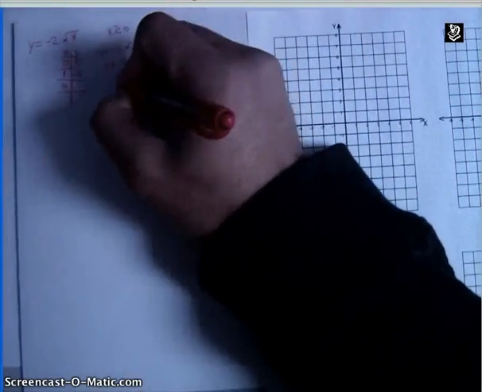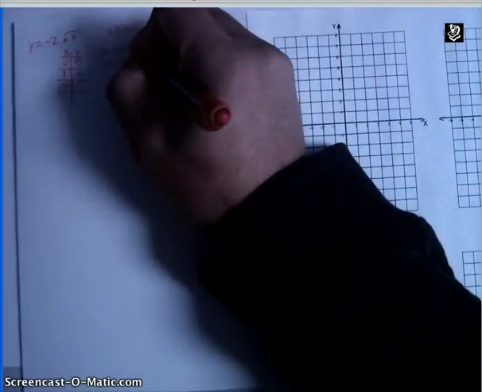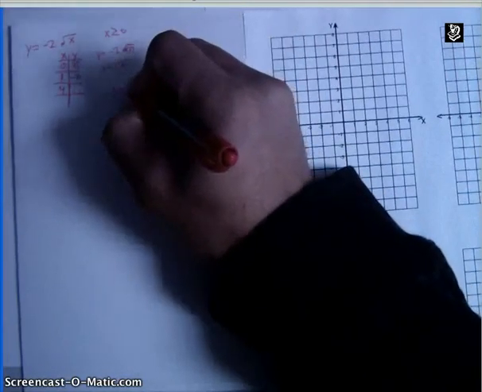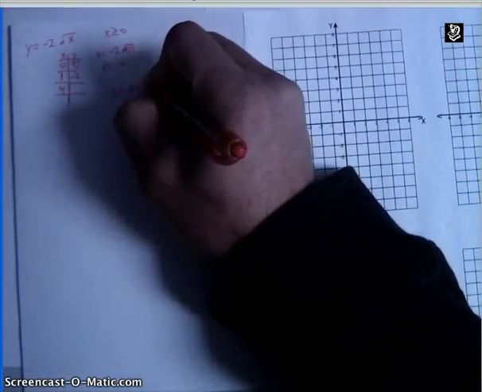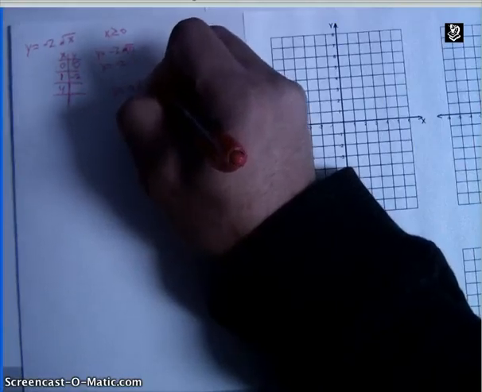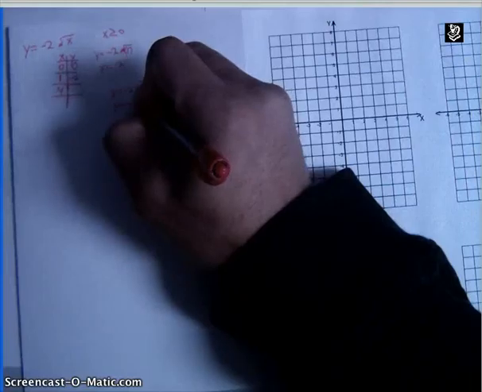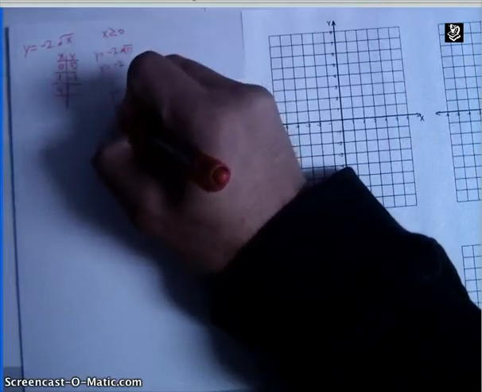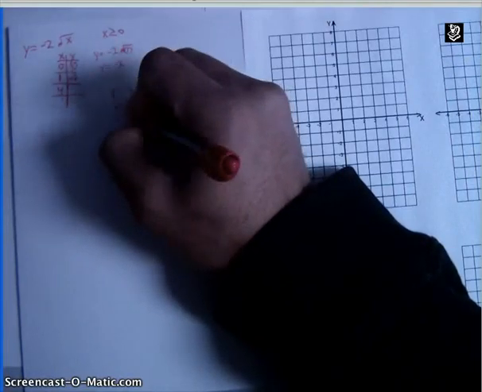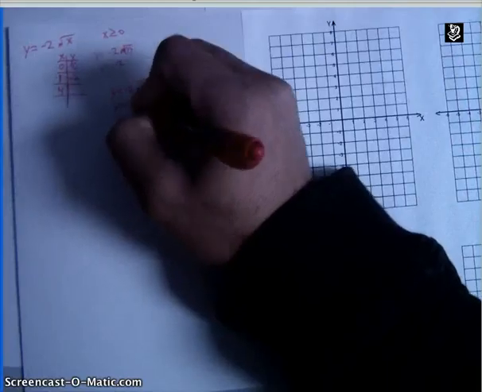So now y equals -2 square root of 4. Square root of 4 is 2, so -2 times 2, so y is equal to -4.